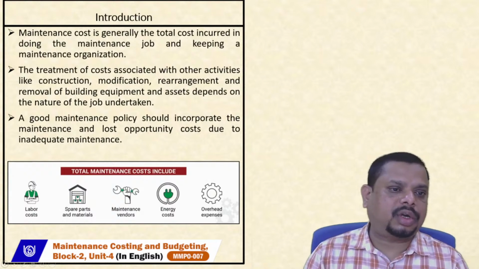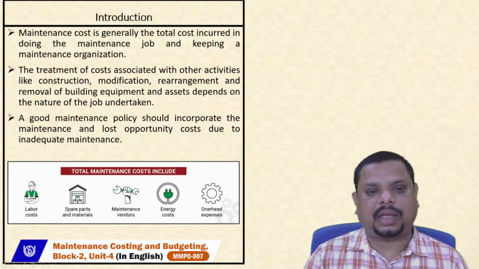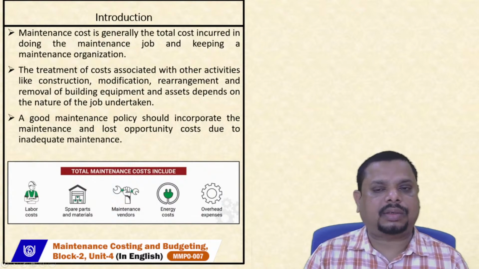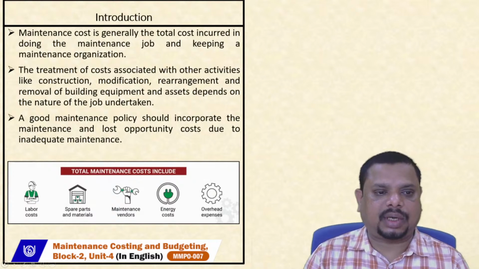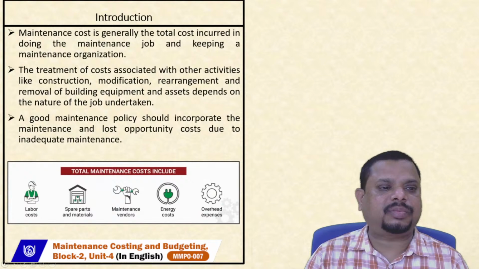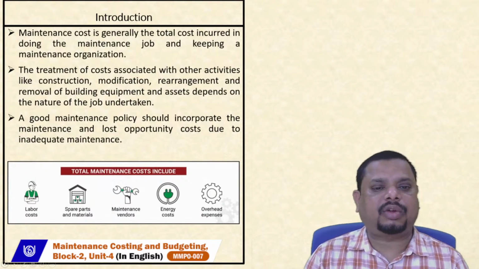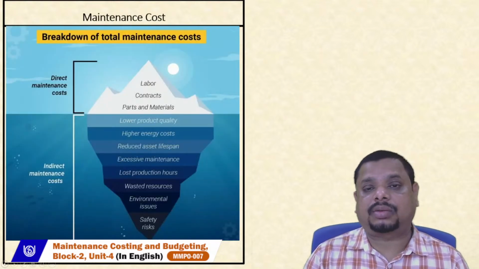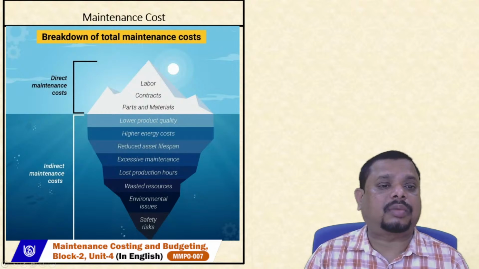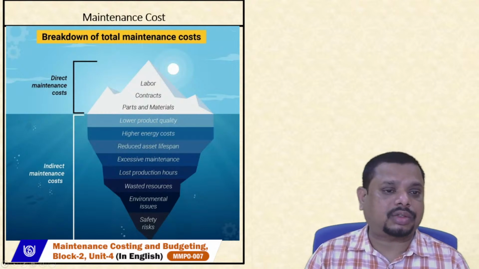Whenever we consider the costs associated, many activities are considered. The first one is construction of modifications, rearrangement, and removal of welding equipment and assets, which depends upon the nature of the job undertaken. The next one is the normal classification of maintenance cost breakdowns.